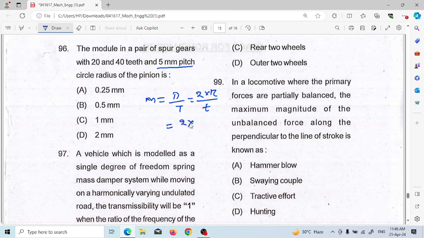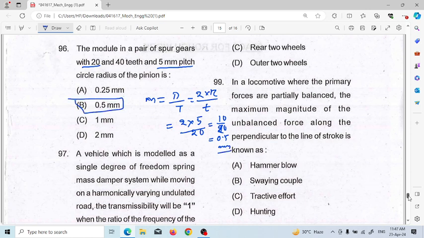So 2 into r, given 5 mm, divided by the pinion teeth, which is 20. So 10 by 20 is equal to 0.5 mm. So option B will be the correct answer.